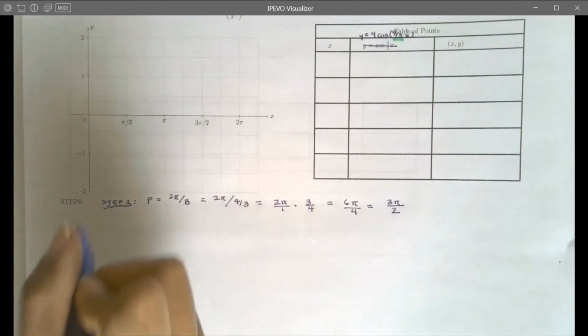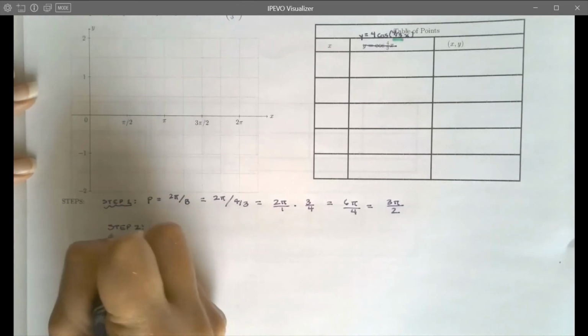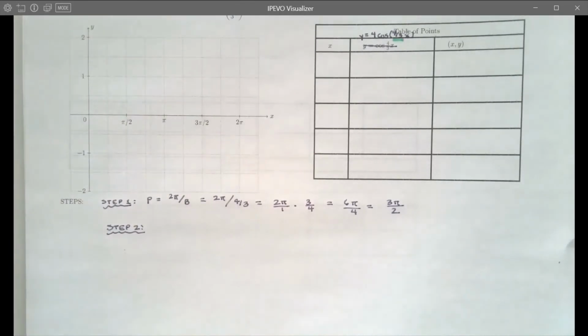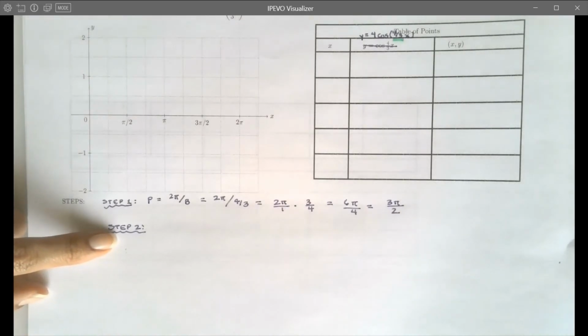So we have a period of 3 pi over 2. That's the first step. The next step is to find the step size. And when I say find the step size, I mean find what is the difference between each x value. And if you recall from last week's lecture, in order to find out where the peaks happen or the zeros happen, or the lowest points of the graph happen, they happen at every quarter of the cycle. So what we're going to do is take the period and divide by 4, because the period defines where one cycle is completed.